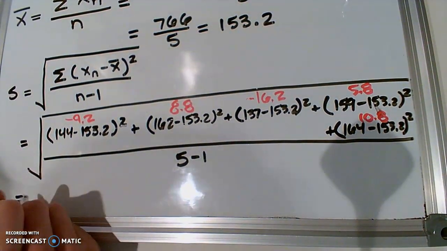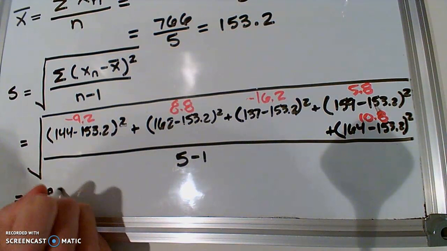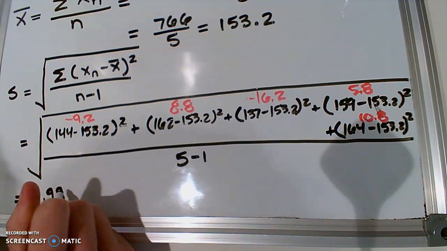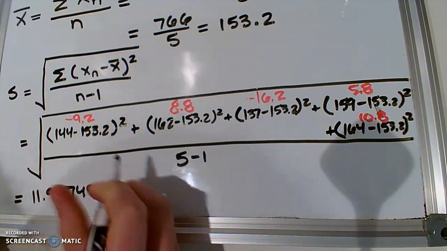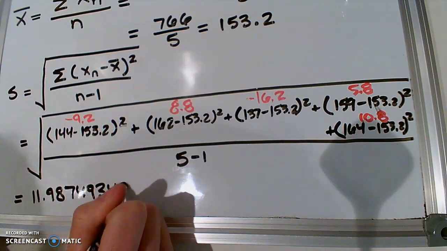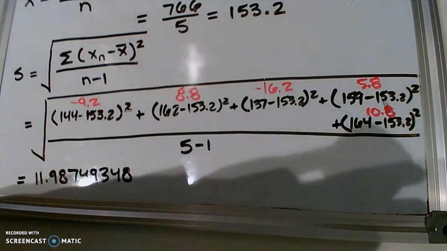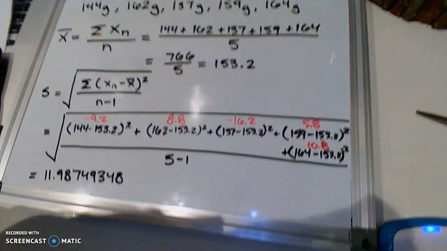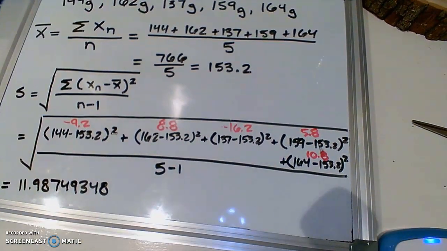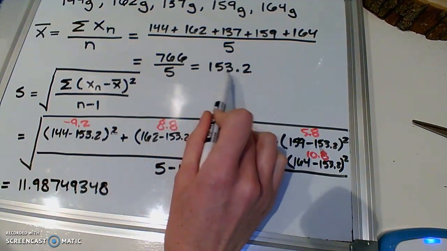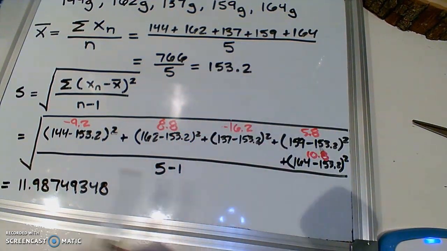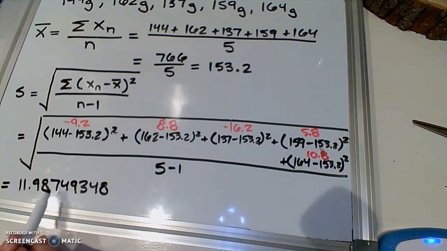So this equals 11.98749348. Okay, so far for our values, we have an average of 153.2 and a standard deviation of 11.98749.